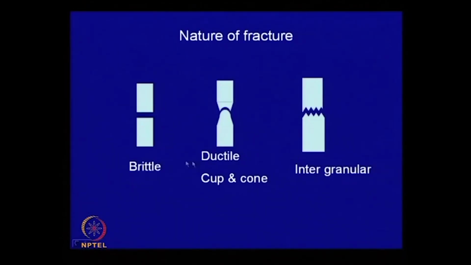Same thing is explained here: a brittle fracture with no deformation, a ductile fracture with a distinct cup and cone, and sometimes materials become embrittled, and some of these exhibit intergranular fracture, where the crack propagates along the grain boundary.